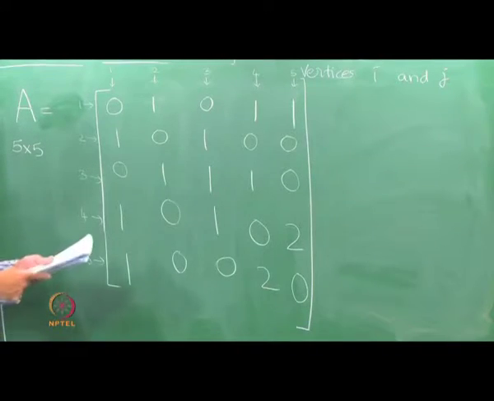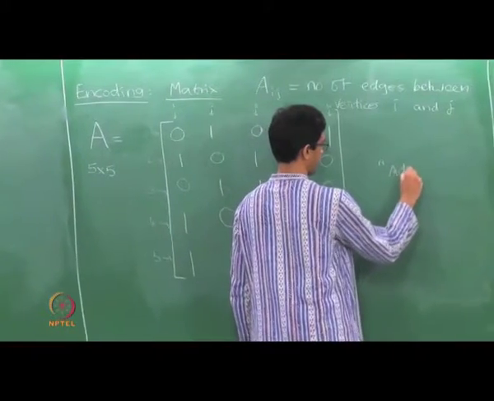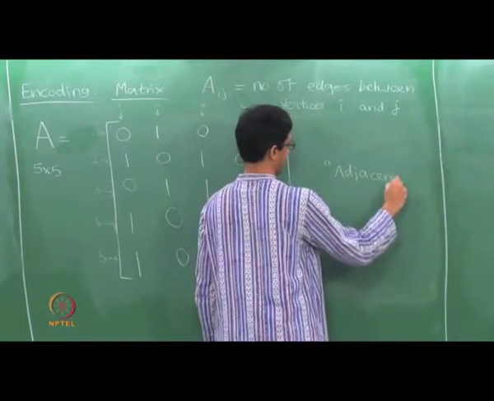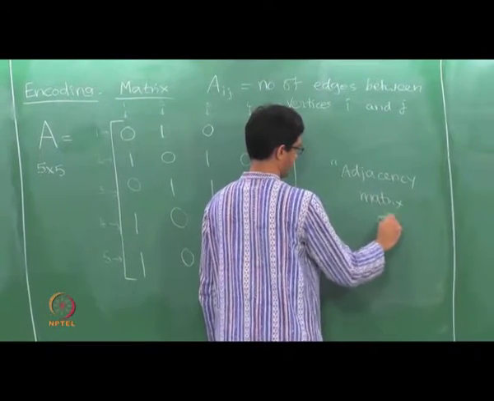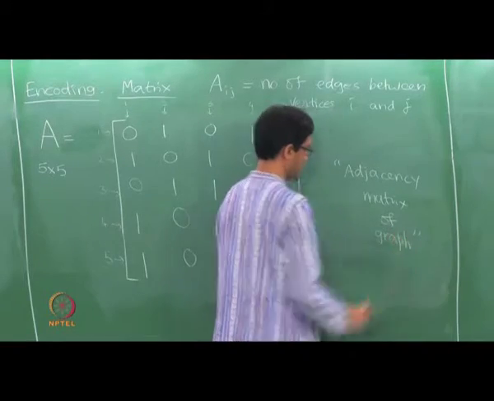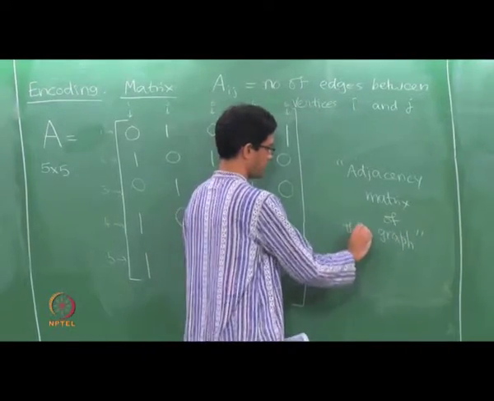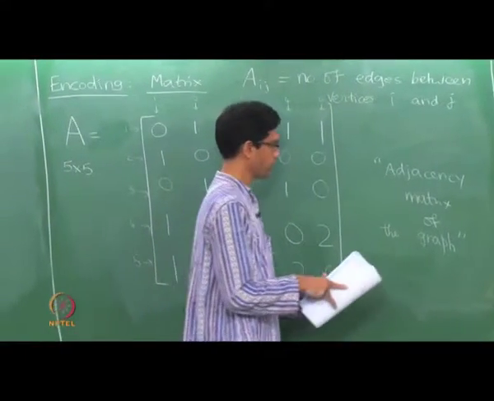So this is often called an adjacency matrix of the graph G that you started out with. So adjacency just means it tells you how many edges connect two vertices.